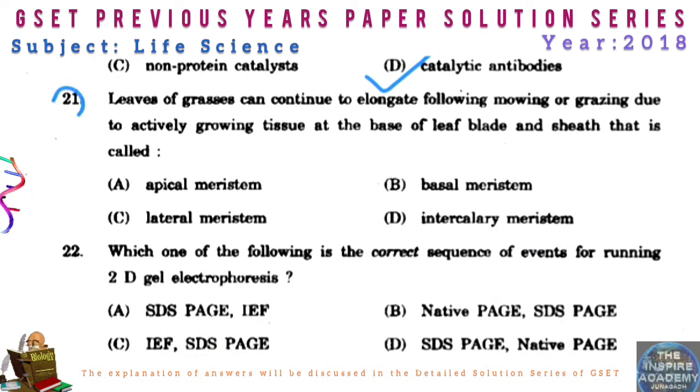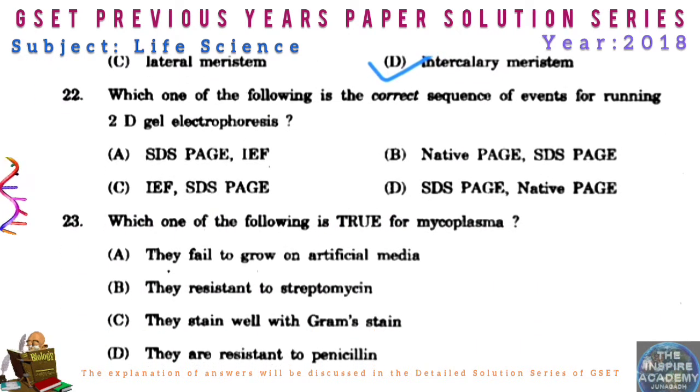Question number 21. Leaves of grasses can continue to elongate following mowing or grazing due to actively growing tissue at the base of leaf blade and sheath that is called intercalary meristem. Question number 22.